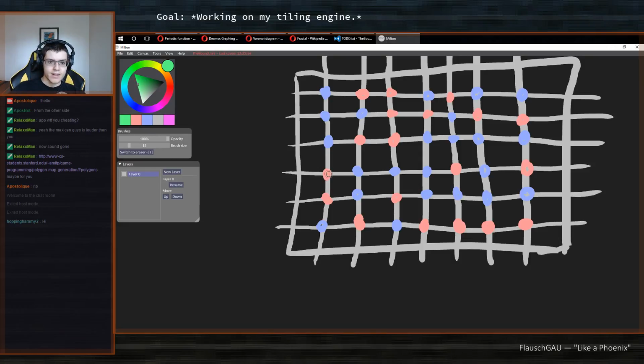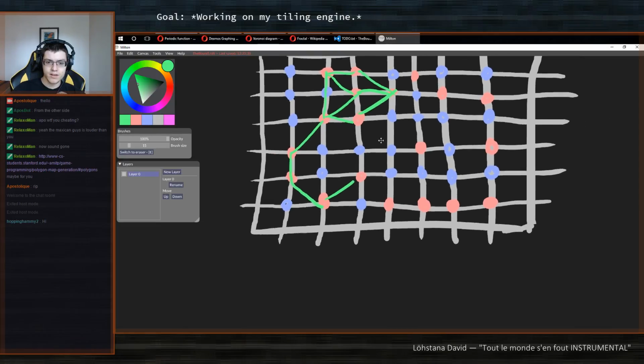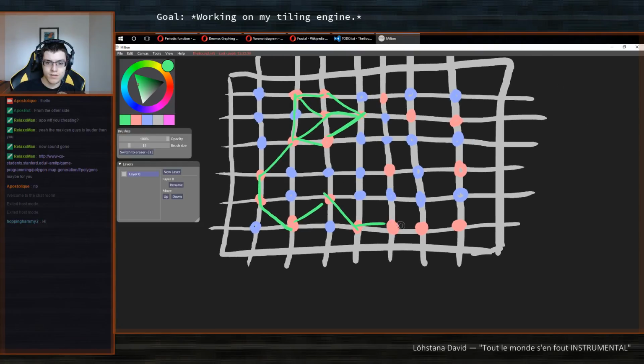Maybe I connect the red ones that are in the same area. And this one gets connected to this. Then these ones get connected. Maybe.